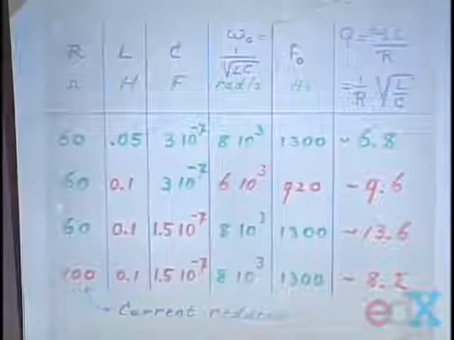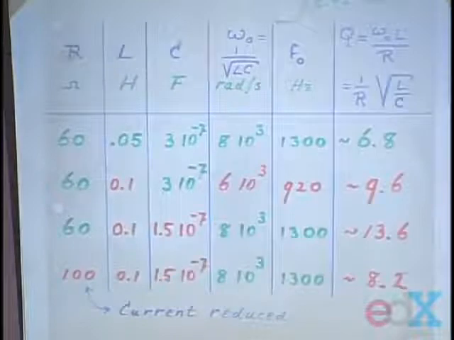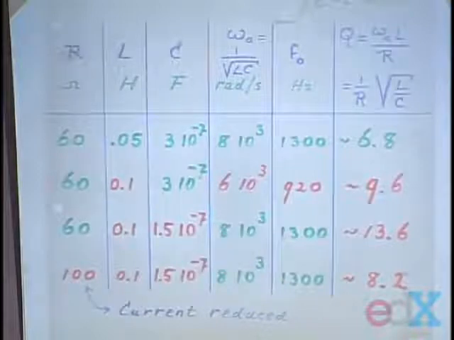And I will change the light setting so that we can also enjoy the demonstration. The idea being that for these values that I have there, in the first line you see R, 60 ohms, and the self-inductance is 50 millihenry, and the capacitance is 0.3 microfarads. So that's a given there.